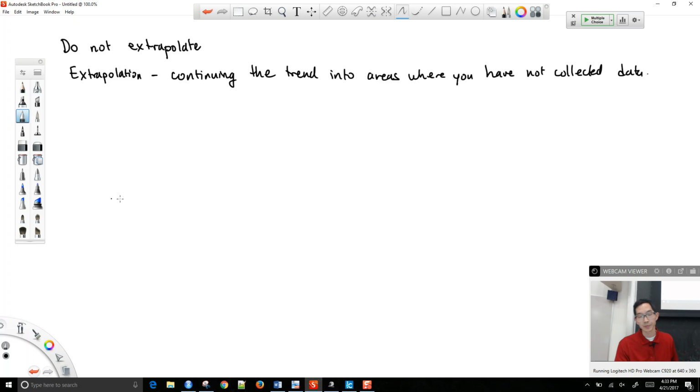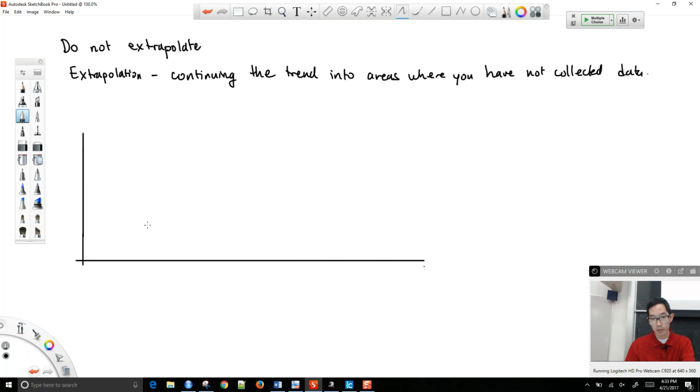All right, so just a silly example. Let's say somebody is a parent of a child, and this person is very excited and measures the height of their child every month. Starting at age 2, every month we measure the height of the child, and every month the kid gets taller and taller.